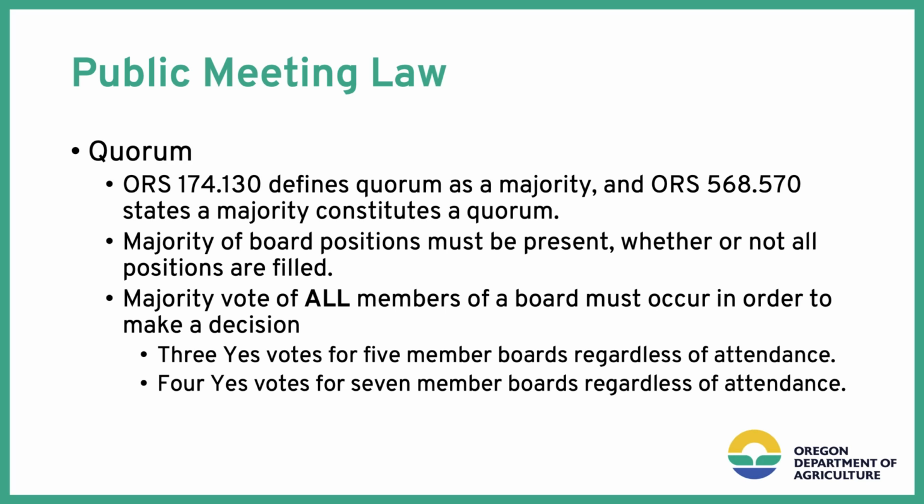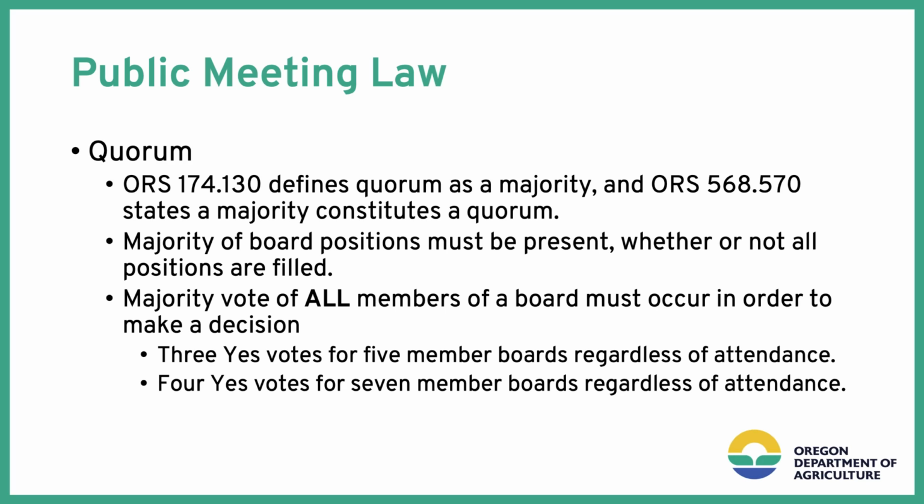And I got this question: abstentions are not yay votes. They're essentially nay votes. So you can't have, say, a 7-member board with only 4 at the meeting, and have 3 yays and 1 abstention. That does not pass any motion.